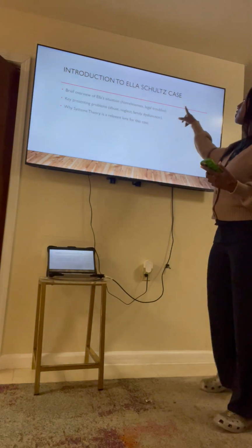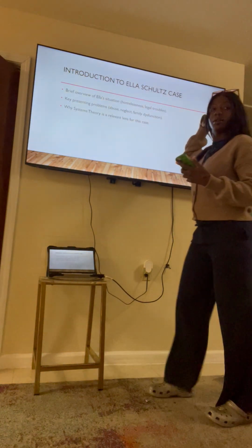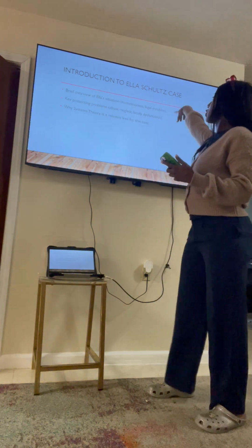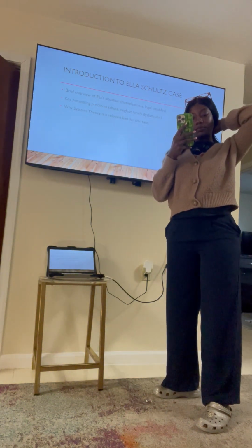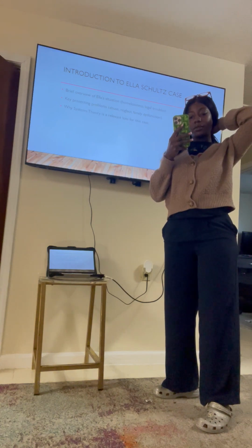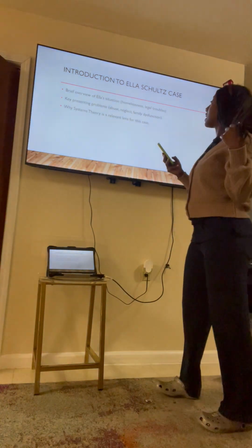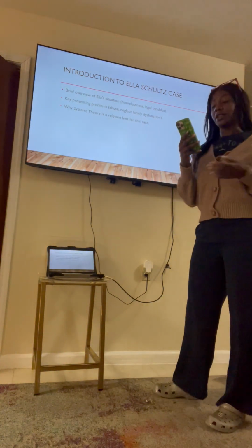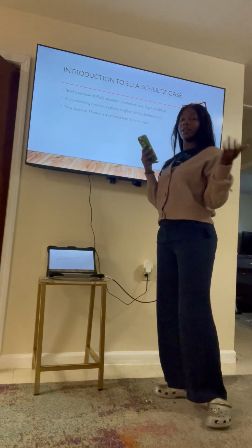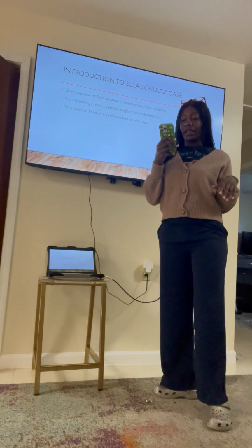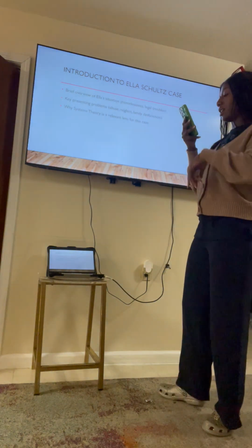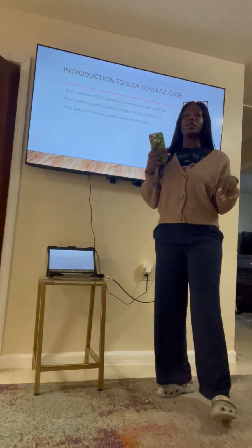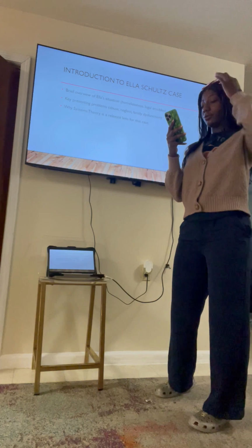The introduction to the Ella Schultz case. We will begin by giving a brief overview of Ella's situation. Basically, Ella is a young woman who experienced significant hardships, including homelessness and legal issues.